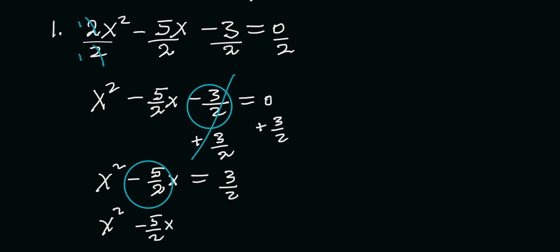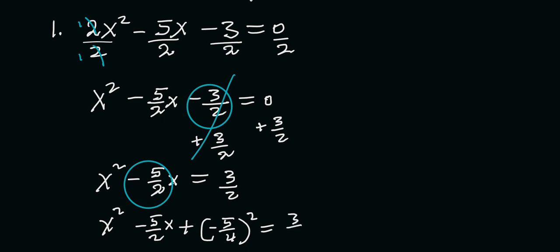If we divide negative 5 over 2 by 2, that will become negative 5 over 4. So we are going to square that value and add it to both sides. So now this will become plus negative 5 over 4, squared, added to both sides.